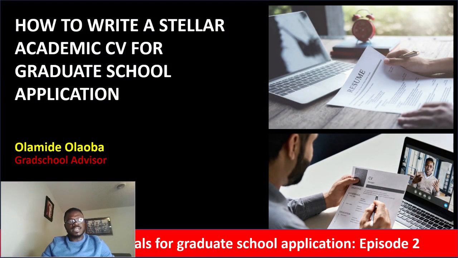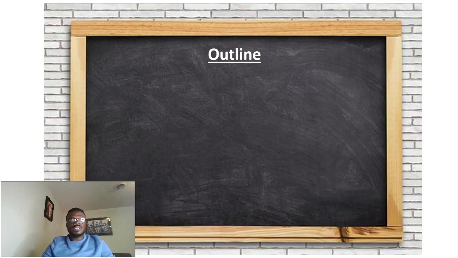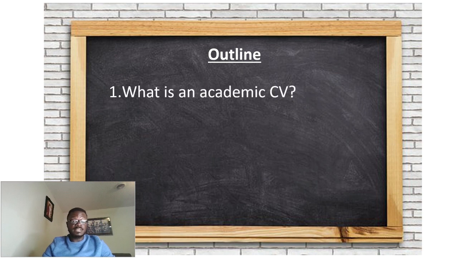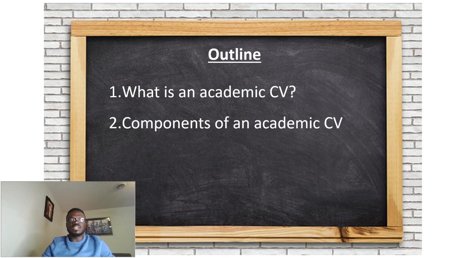So, how to write a stellar academic CV for grad school application. Again, I'm your grad school advisor. I'll be discussing these tips under three outlines. The first thing I'm going to do is to tell you what an academic CV is, what an academic CV is used for, what differentiates an academic CV from a resume, and the several conditions that you have to consider when writing your academic CV.